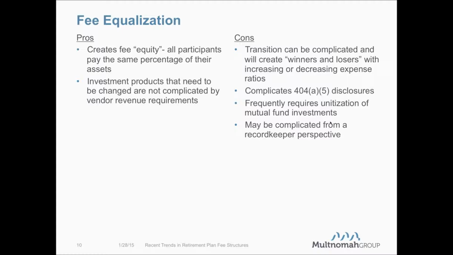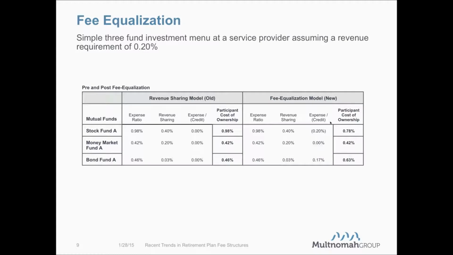Investment products that need to be changed are not complicated by revenue requirements. If you go back to the previous example, if stock fund A is underperforming in this very simple 3-portfolio model, then ultimately you have a challenge, because if you are going to maintain a model that gets you back to that 0.20%, you're going to have to find a like product that also shares a lot of revenue, which means ultimately it shrinks the number of investment products you have to select from.